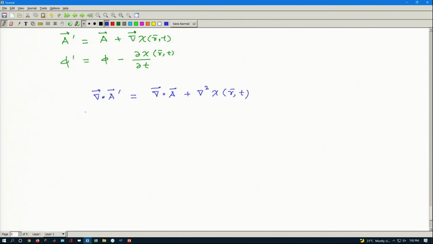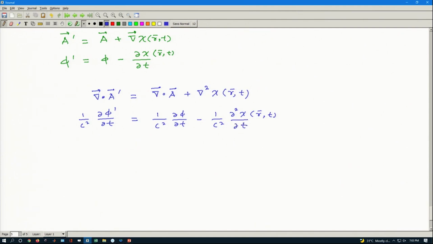On the left hand side, I multiply by 1 by c square and take a time derivative of phi prime, and the right hand side is simply 1 by c square del phi del t minus 1 by c square d2 chi, which is a function of r and t.